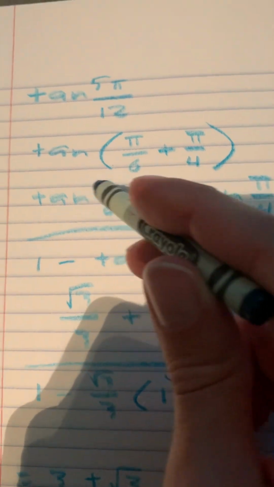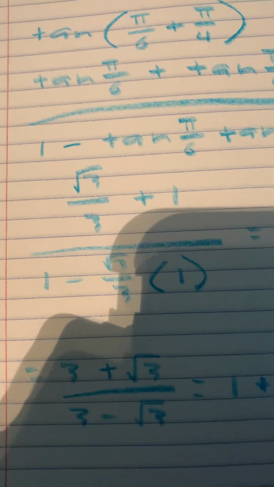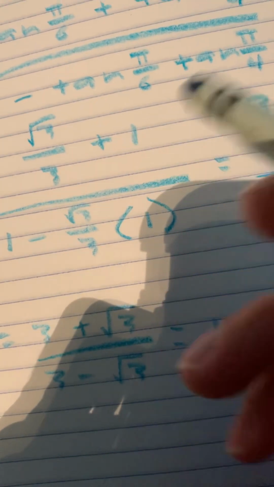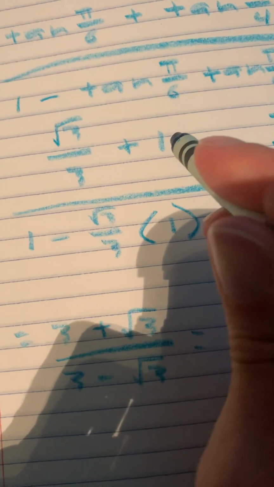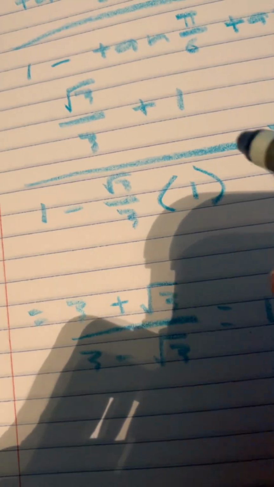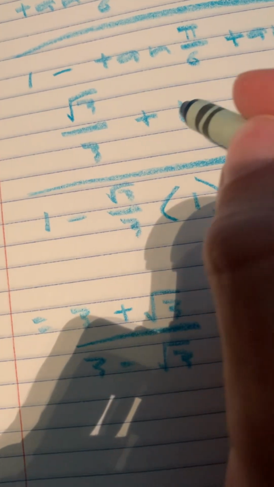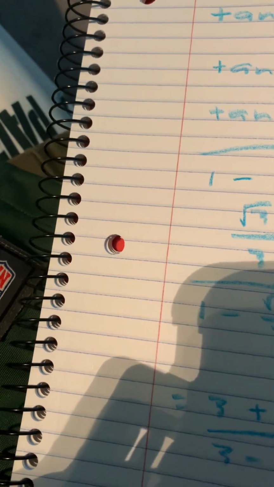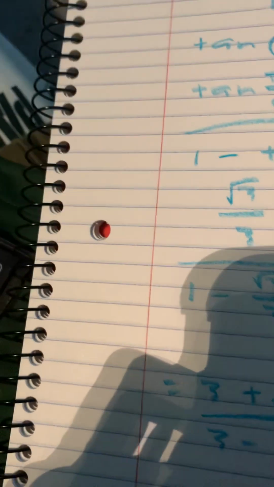Well, I did just use the trig identity. Oh, you know what? I think the traditional trig identity fails, because, yeah, if it's 2 plus the square root of 3, then yeah.